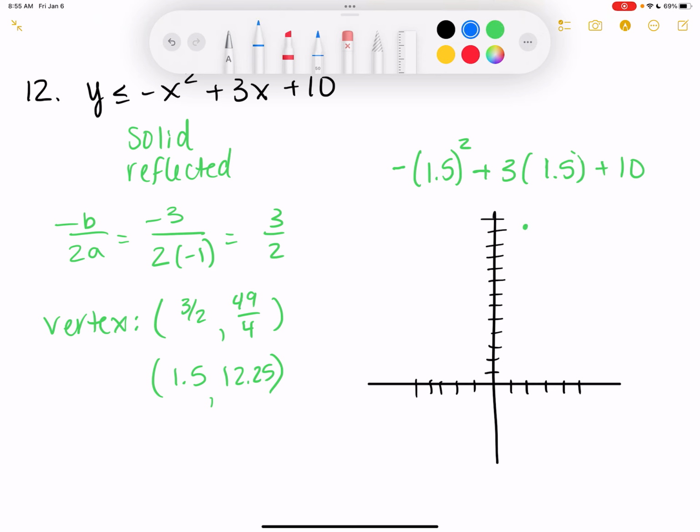My 0 is only 1.5 away, so I'm going to test that point.